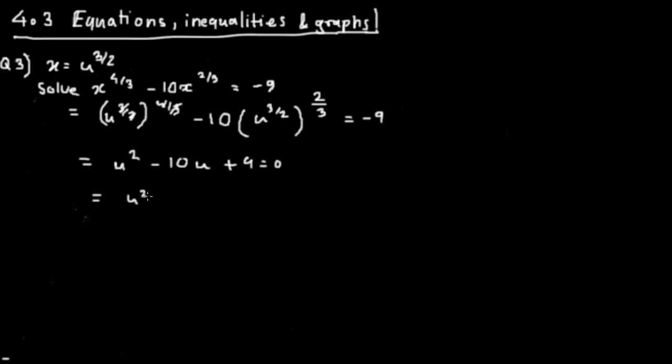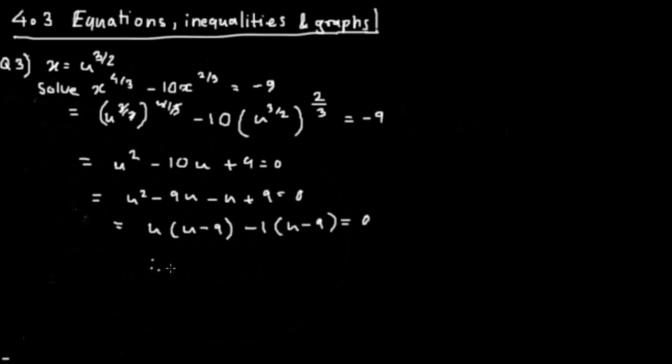So u squared minus 9u minus u plus 9 is equal to 0, right? So then from here, u minus 9, was it u minus or u into u minus 9, minus 1 into u minus 9 is equal to 0.